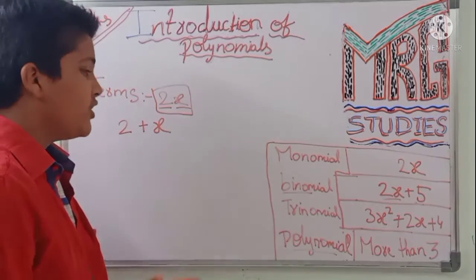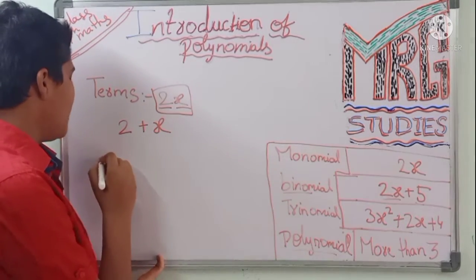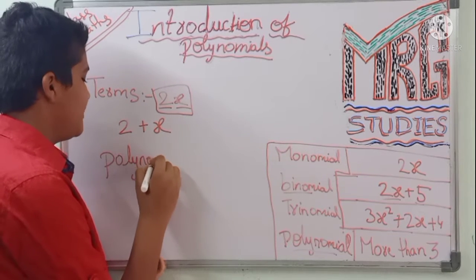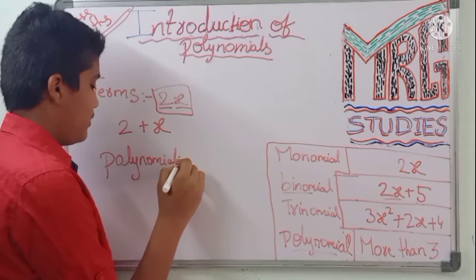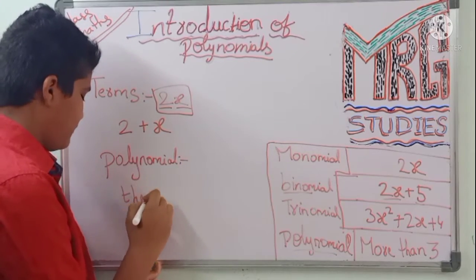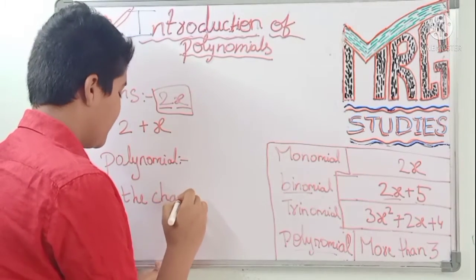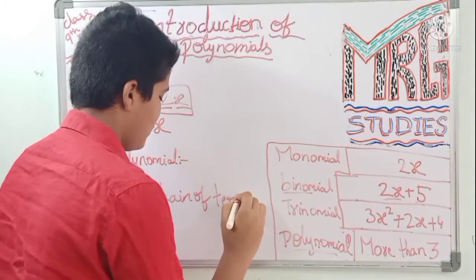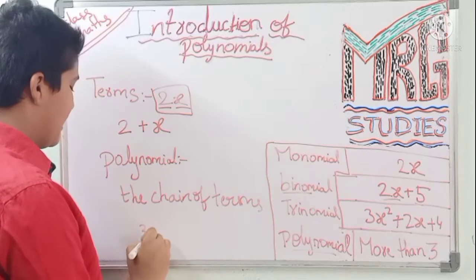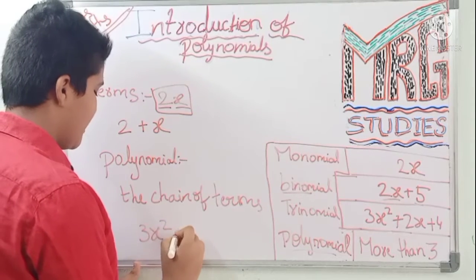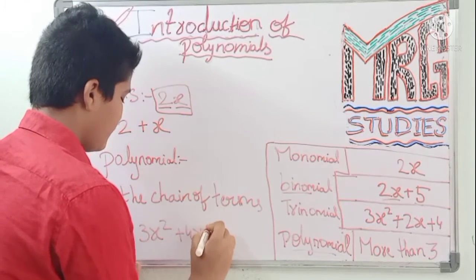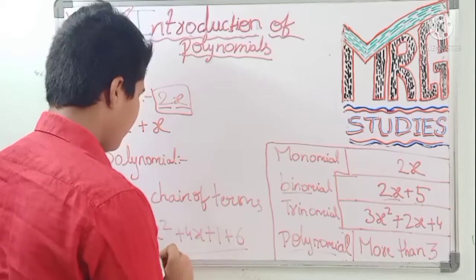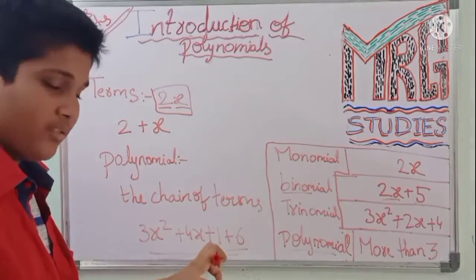I think you understood. Now, a polynomial means a chain of terms. For example, if we have four terms, 3x square plus 4x plus 1 plus 6, this is a polynomial.